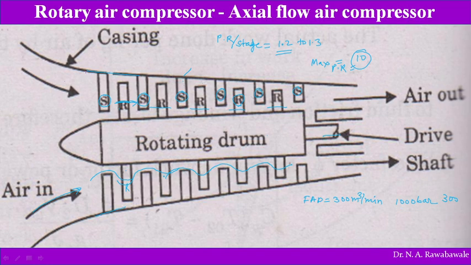But the rotary air compressors can provide approximately 3000 meter cube per minute of air, and the only disadvantage of the rotary air compressor is that it can build a pressure of maximum up to 3 bar, and it can run at 50,000 rpm.